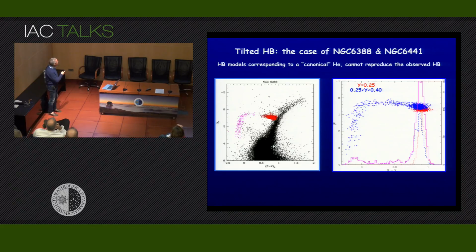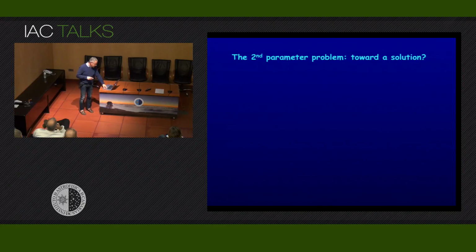And you can see how now naturally you obtain a morphology that is in very good agreement with the observed one. Okay? Let me say that in this cluster we have strong evidence of multiple populations. There is also a splitting in the main sequence. So this scenario is really confirmed also by other evidence.